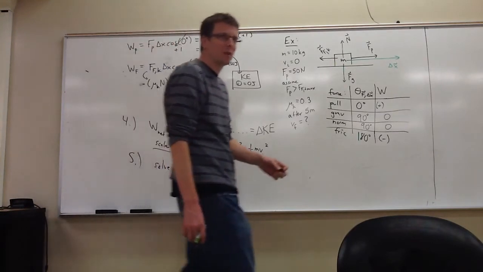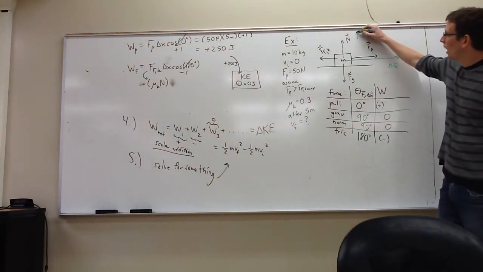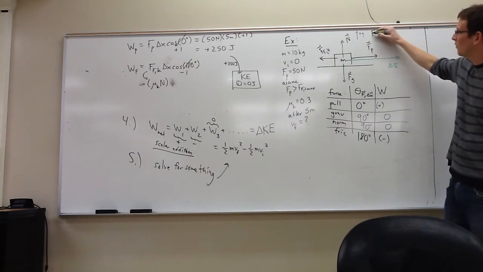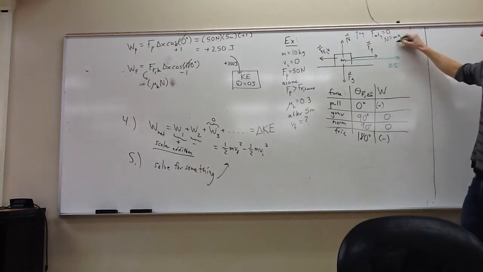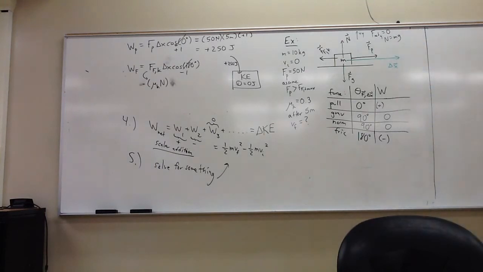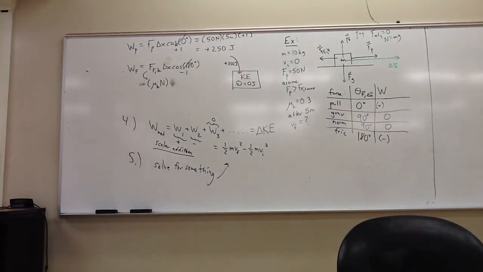So there is no way you can get that except by realizing that the y forces here cancel, right? F net y must be 0, therefore n equals mg. So there are occasions where you do need to borrow a little bit from the forces method like that.